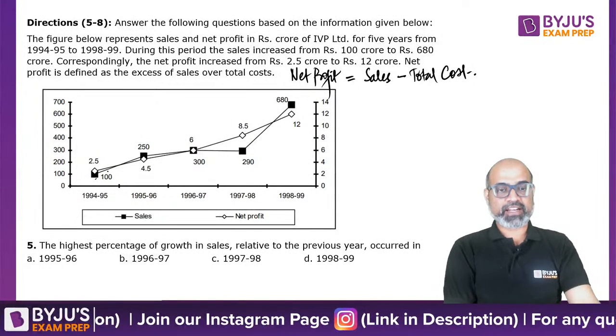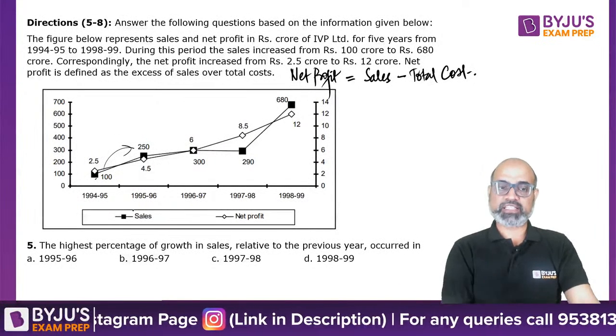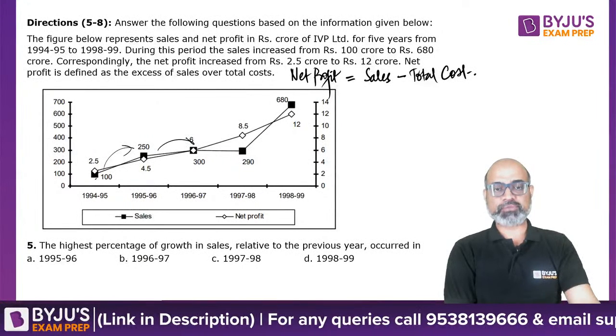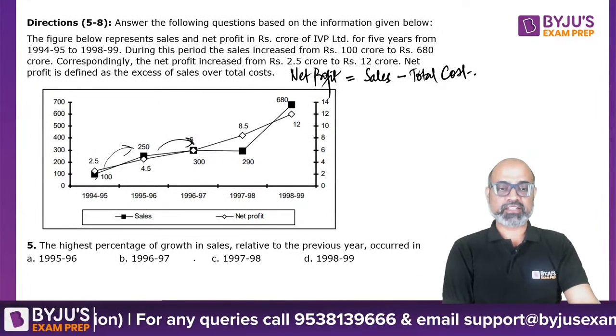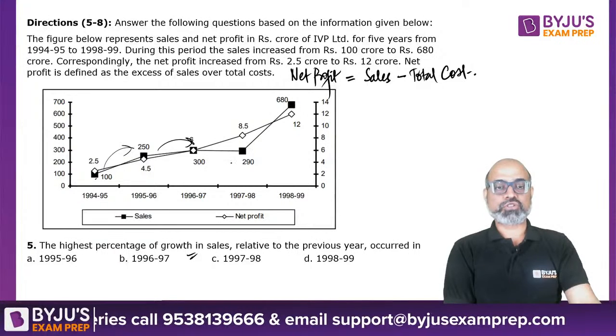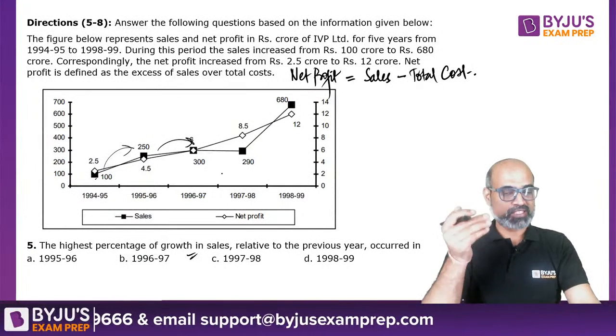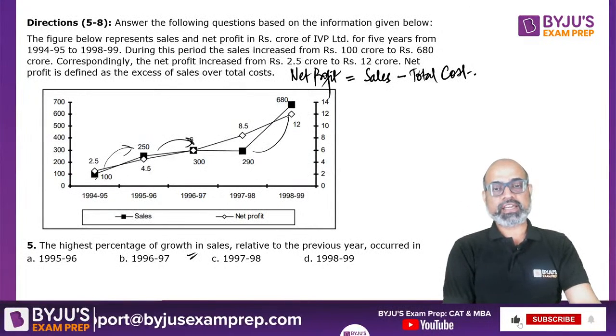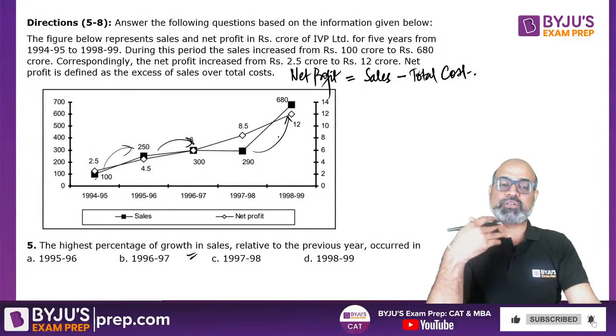In other words, 100 has become 250. What is the percentage increase? 250 has become 300. What is the percentage increase? They are talking about growth. So you can't take 300 to 290 because that's a decrease. 290 has become 680. What is the percentage increase?